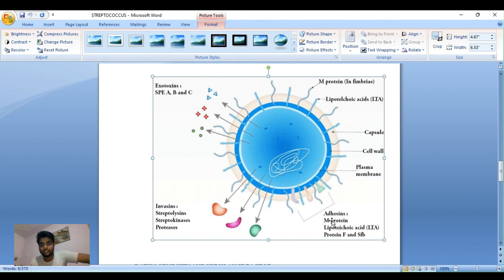And the plasma membrane has the M protein, lipoteichoic acid, protein F and SPF, invasins. These are some kinds of invasins, streptolysin. These are the toxic substances. Streptokinase and proteases are enzymes, and exotoxin SPE A B C. These are the toxic substances inside the streptococcus.